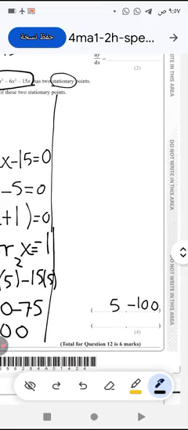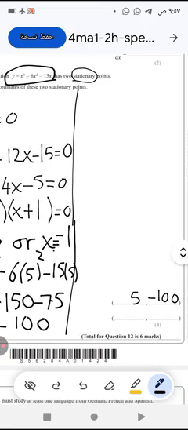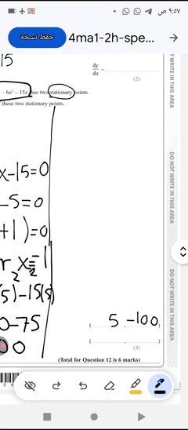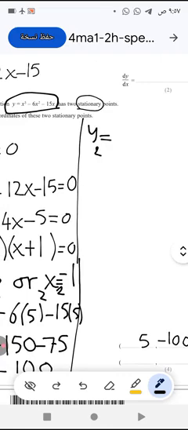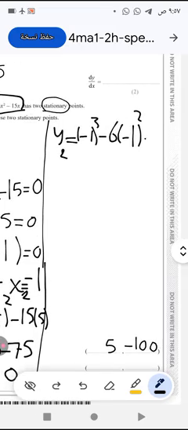Now substitute x2. This is x2, x2 equals negative 1. We get y2 equals, substitute negative 1 in this equation: negative 1 to the power of 3 minus 6 multiplied by negative 1 squared minus 15 times negative 1.